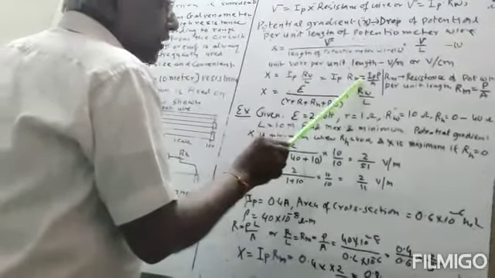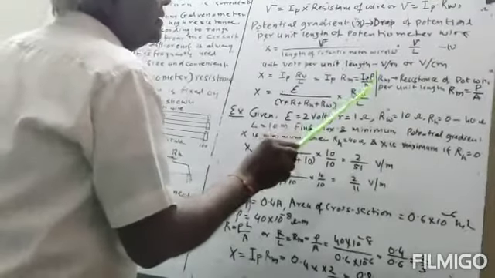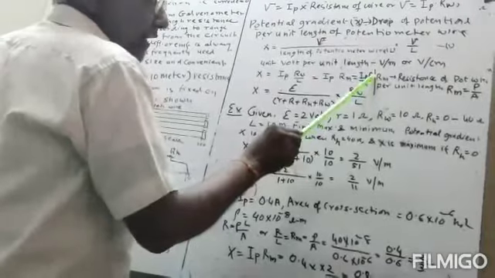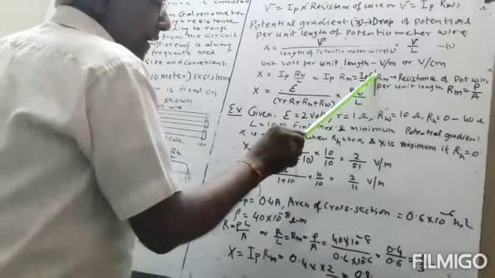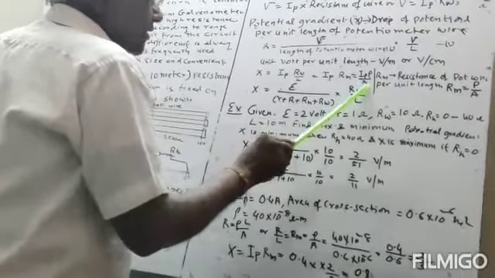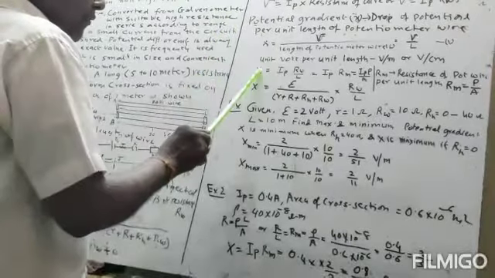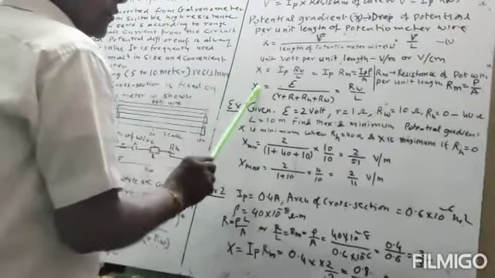This is also equal to IP into rho by A, where rho is the resistivity of the material of the potentiometer wire and A is the area of cross section. So we can find X by this formula and by this formula.